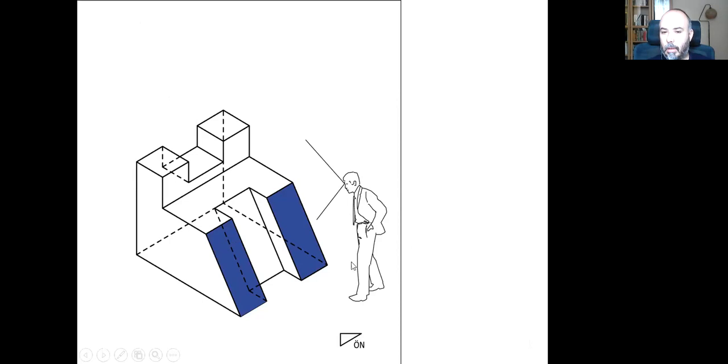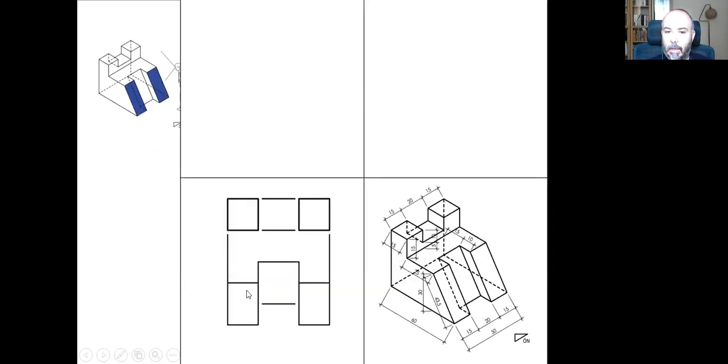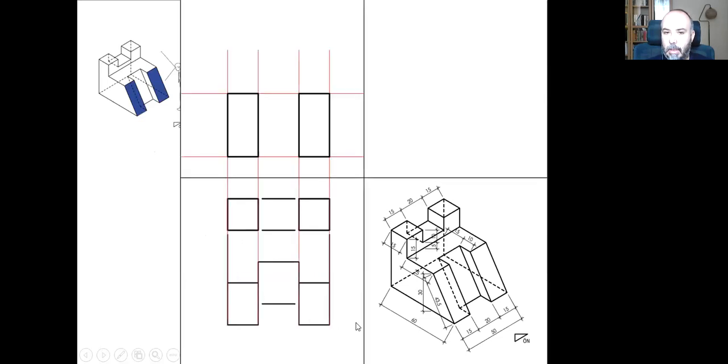Now the guy is standing here in front of the object and looking in this direction. Let's start with the closest surfaces. These two surfaces, they are these surfaces indeed. So this is what I need to do. I need to transfer these corners up here, and as you understand, I cannot draw a 43.5 millimeter length here because of these inclined surfaces.